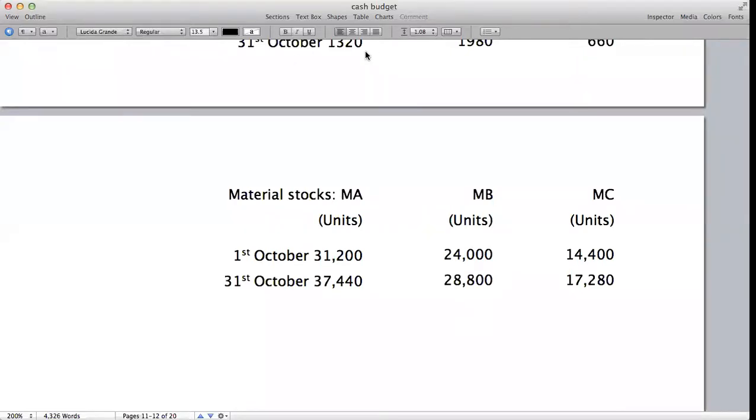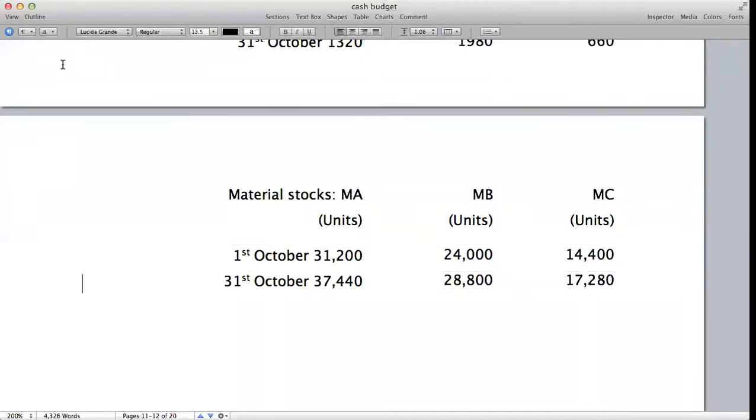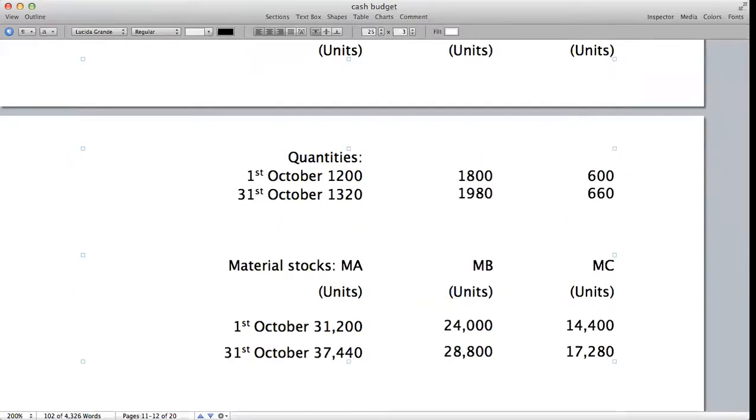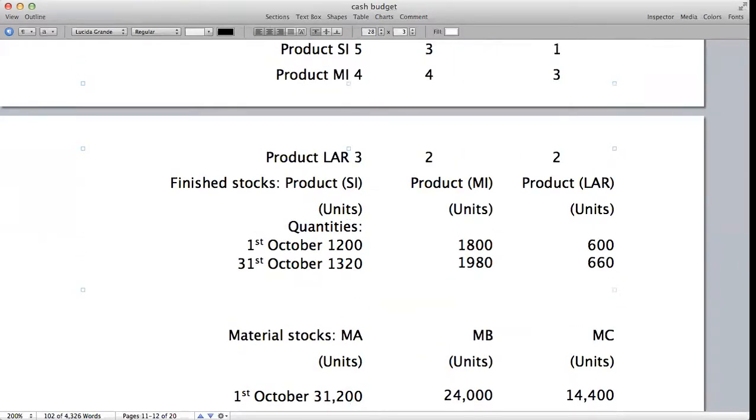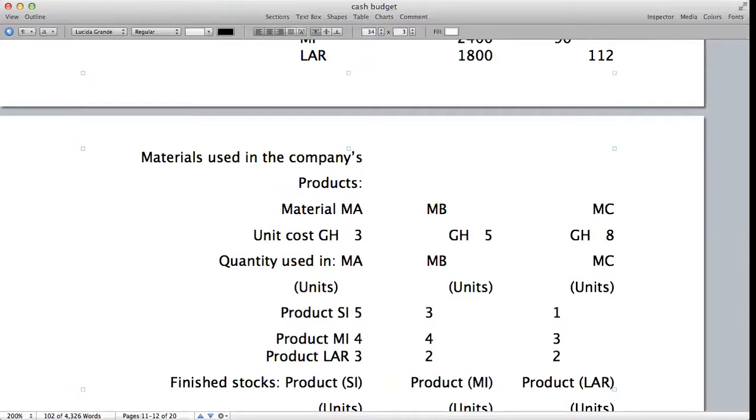Good, so we can continue. The materials used in the company's products are material MA, MB, then MC. Good, so A, B, C.